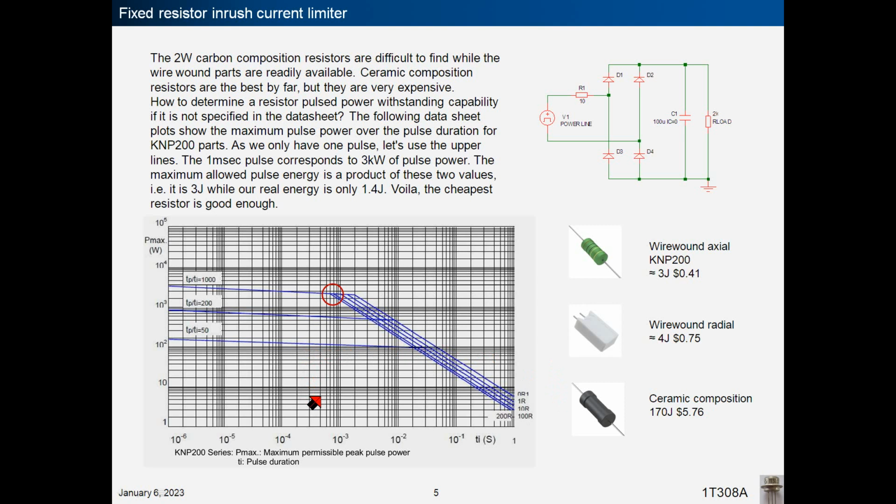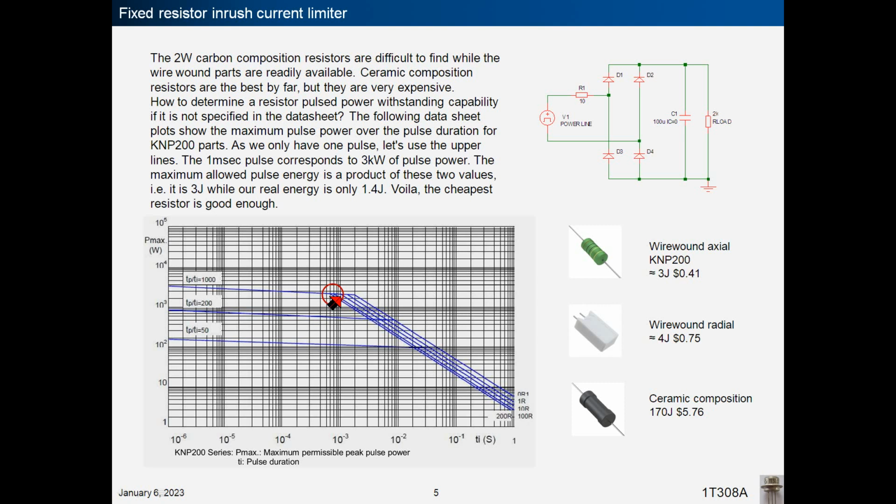The following datasheet plots show the maximum pulse power over the pulse duration for KNP 200 parts. As we only have one pulse, let's use the upper lines. The 1 millisecond pulse corresponds to 3 kilowatts of pulse power.